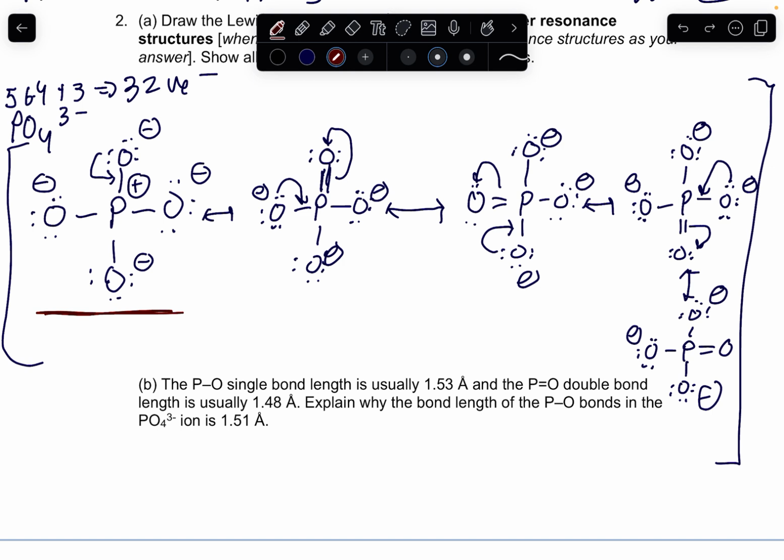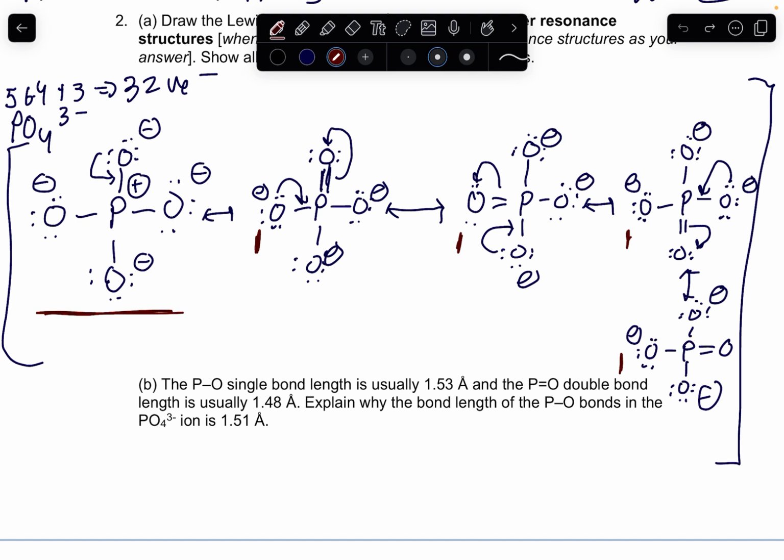So picking on this oxygen right here, we'll call this oxygen 1. It has a single bond in this resonance structure. It has a double bond here, a single bond here, and then a single bond here.